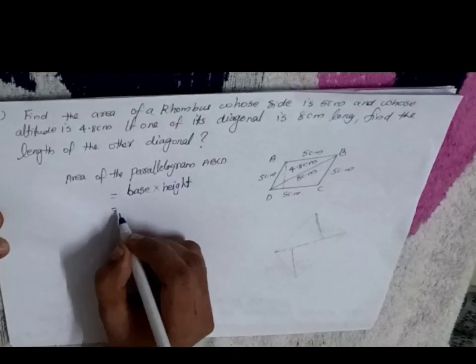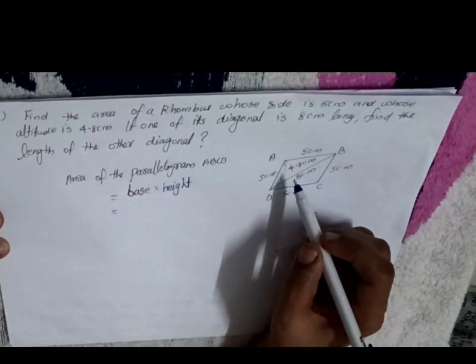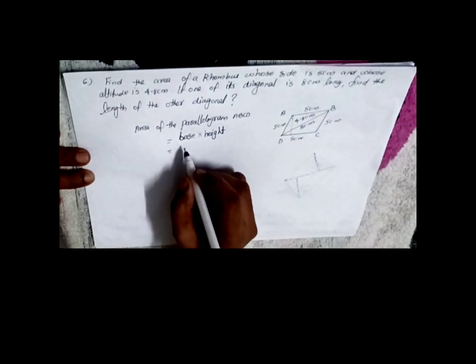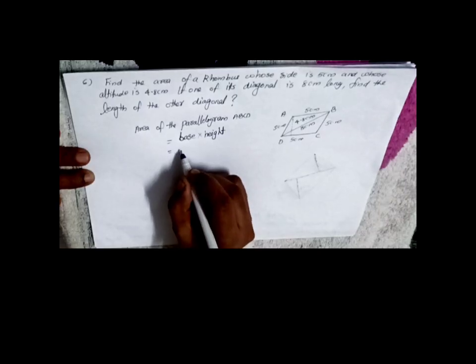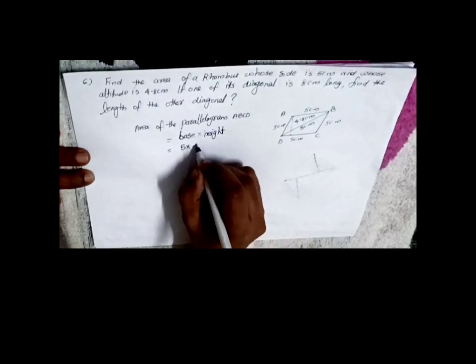Rhombus has 4 equal sides. These sides are 5 centimeter. Therefore, in the case of parallelogram ABCD, base is 5 centimeter, that is 5 into height, which is 4.8 centimeter.